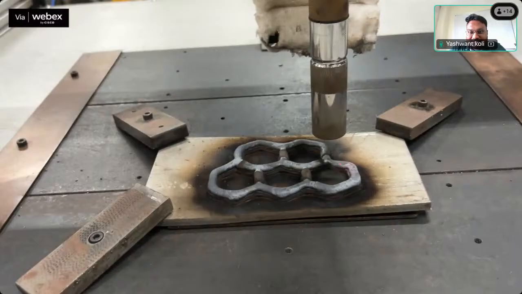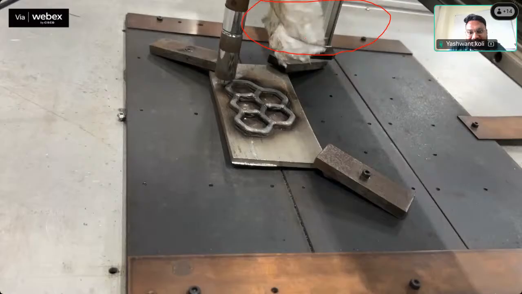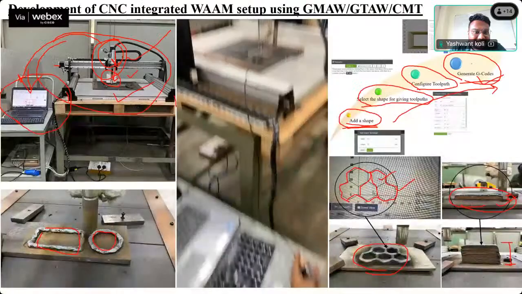So this glass wool I was explaining, why this glass wool is here. In the last slide you can see this glass wool. We have incorporated it in the torch because at this high temperature, the CNC system has thermal sensors, and it can't reach around 400 to 500 degrees Celsius. So this glass wool is protecting this aluminum holder.